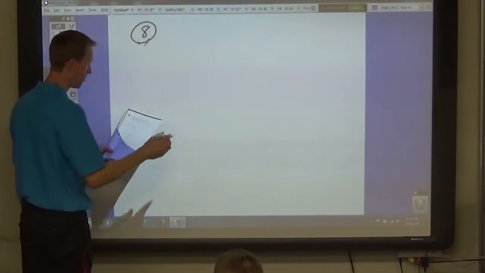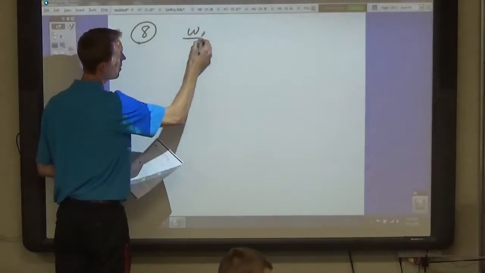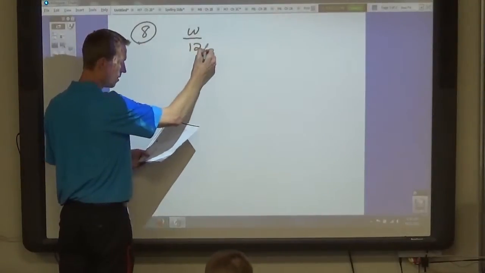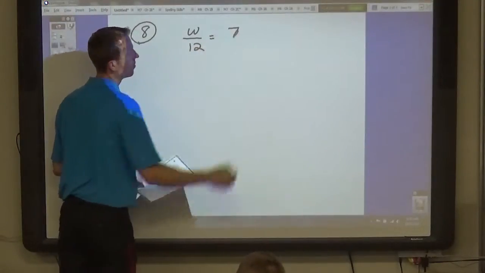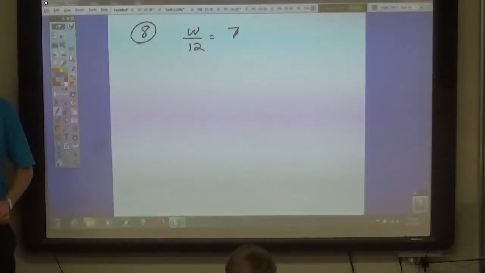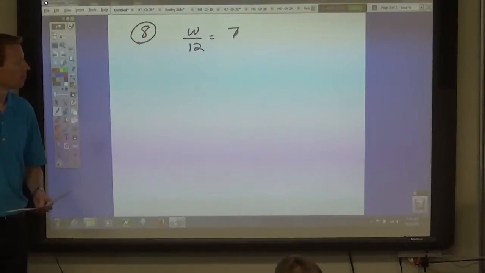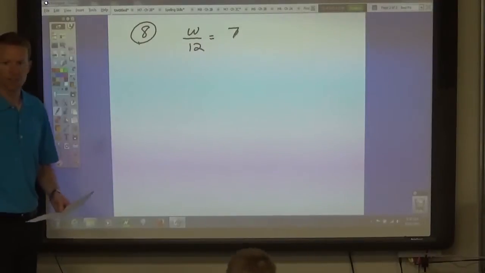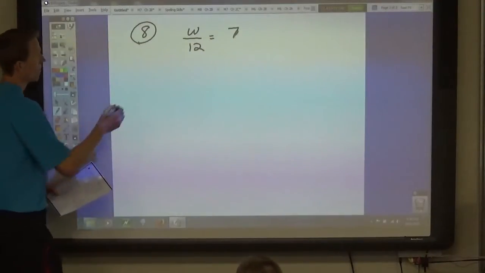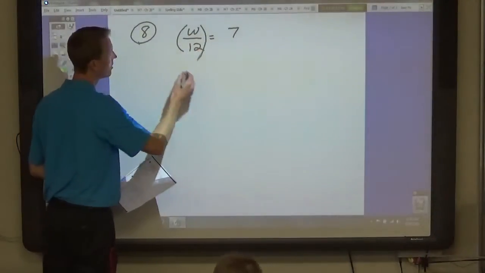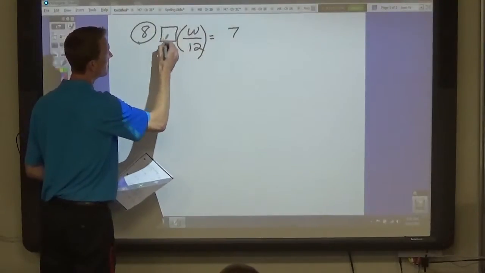Let's do number 8. W over 12 equals 7. Start on the side with the variable. And on your worksheet, there's parentheses around it, and then 2 boxes.